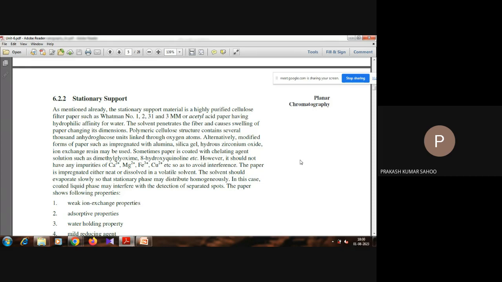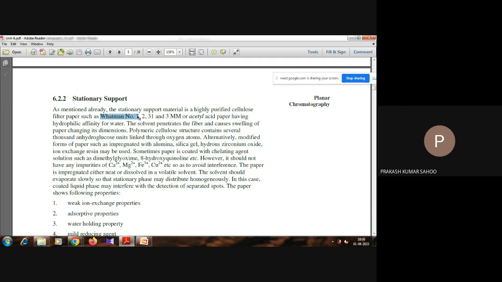Generally, the filter papers are made of highly purified cellulose, named Whatman paper 1, 2, 3 or 3 mm, or acetyl paper, having hydrophilic affinity for water.